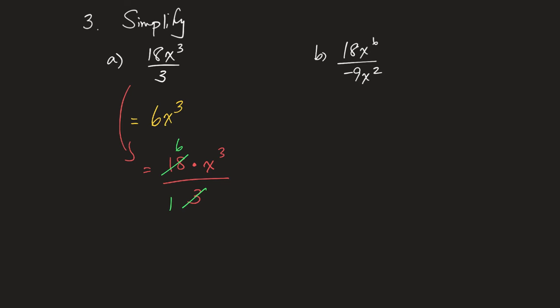Now, for anybody that's looking at that and they're going, but hey, wait a second, why didn't we divide out a 3 from the x cubed? I want to come back to our terminology. How many terms is 18x cubed? We should all be good that that is one term because we do not see an add or subtract.